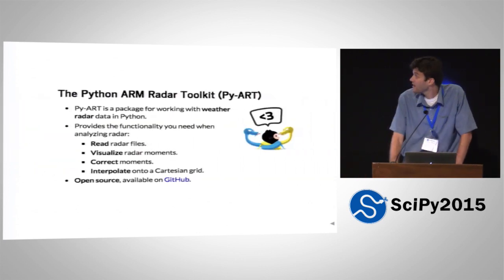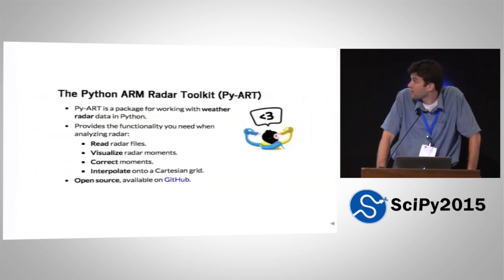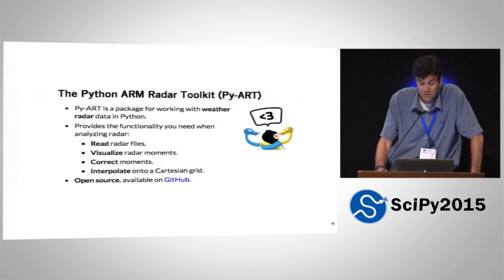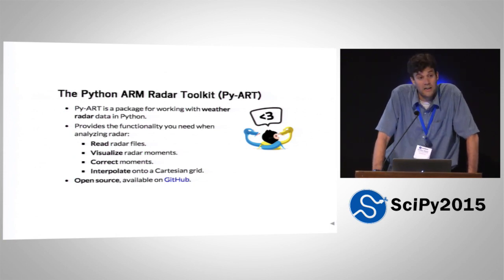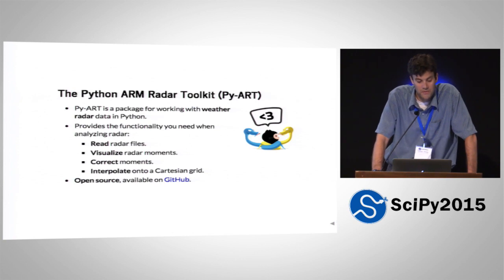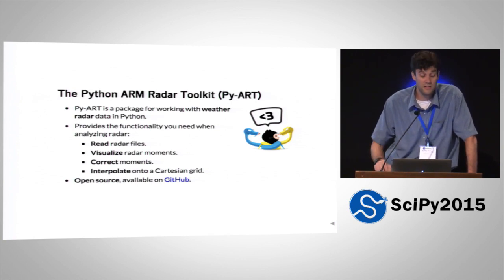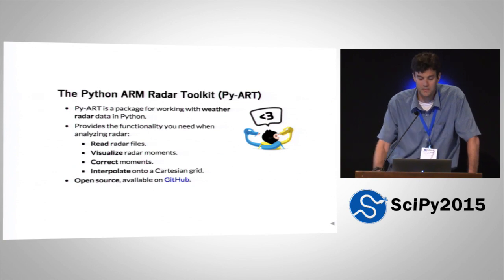So Scott Collis and I created the Python ARM toolkit a few years back, which is a package to work with radar data within Python. It provides a lot of the functionality that you'd need. You can read in radar files in a number of formats. We have visualizations built on top of matplotlib that are pre-canned, but you can also customize.